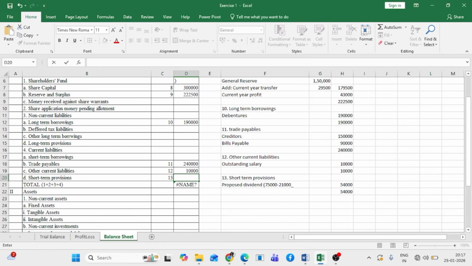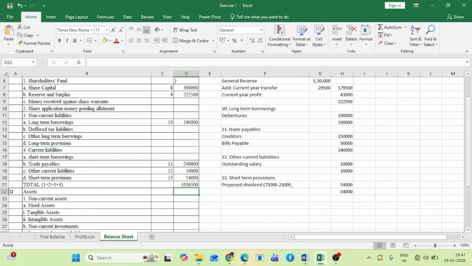Here it is 54,000. The total is coming to 10,16,500. Okay, so this is all about the liability side of the balance sheet.